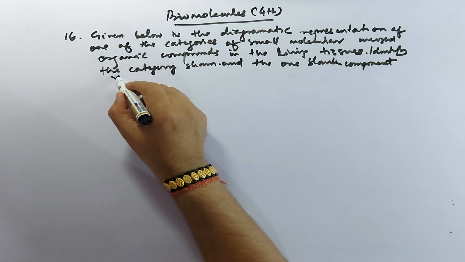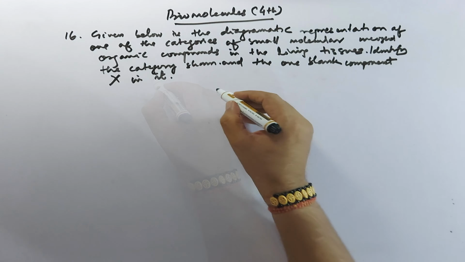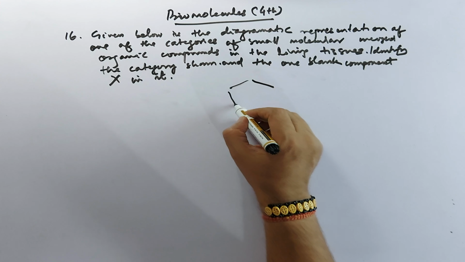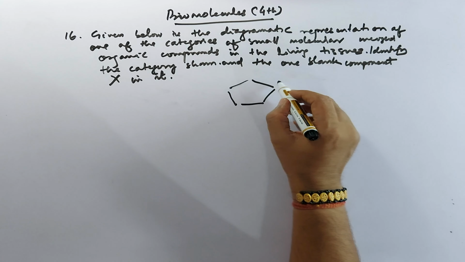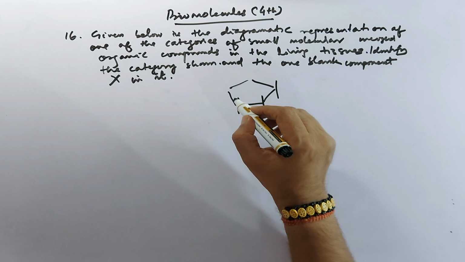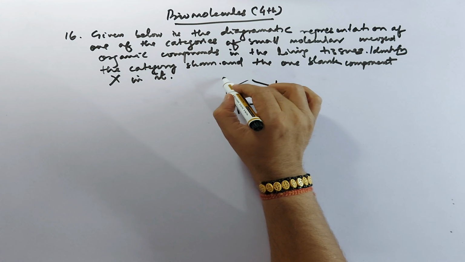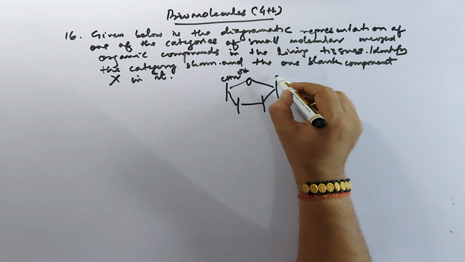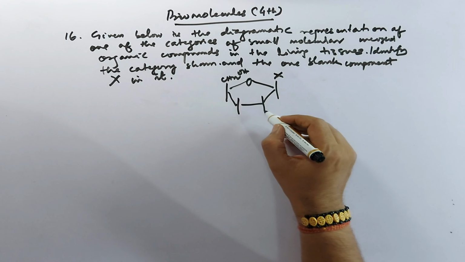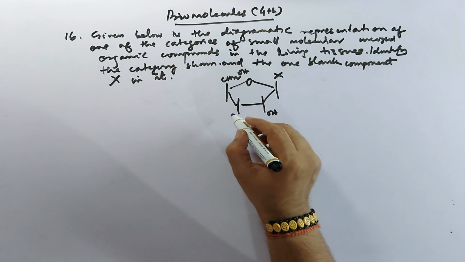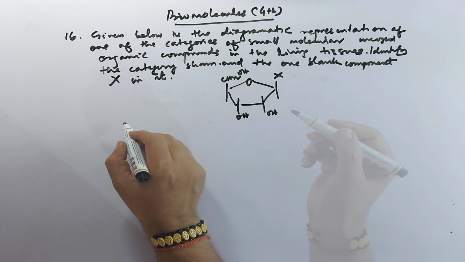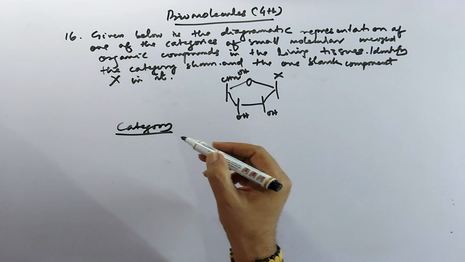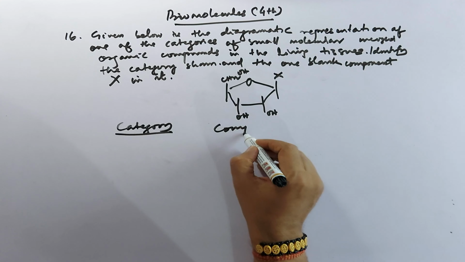So here the structure is like this. This is CH2OH, this is oxygen, and here X is there. This is OH, this is OH. So here the category and the component.